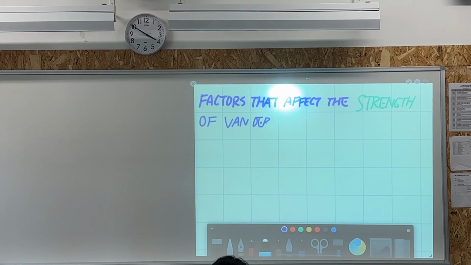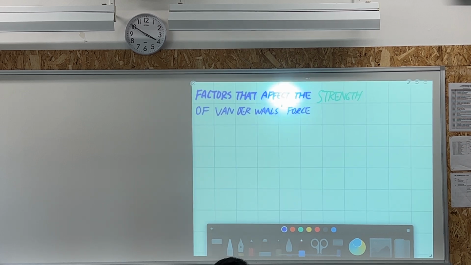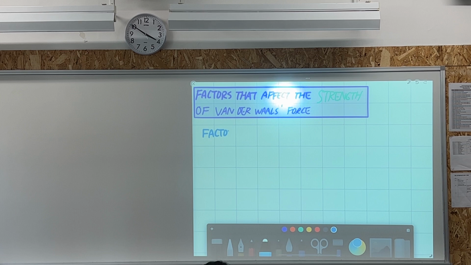There are just two factors. One is the size of molecule. So you can put that factor 1, size of molecule. You want to write this really large. So size of molecule. And put that in relationship here.